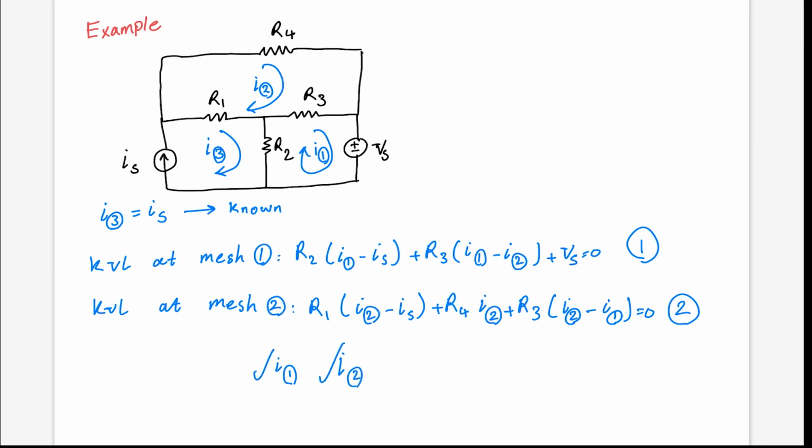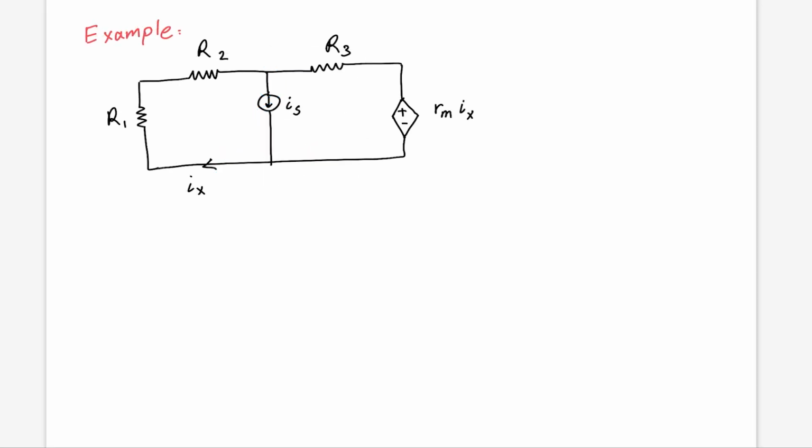So let's go and look at the other example. Let's talk about this example. Here we have 2 inner meshes in the clockwise direction, mesh number 1 and mesh number 2. However, we notice that there is a current source between the 2 meshes.